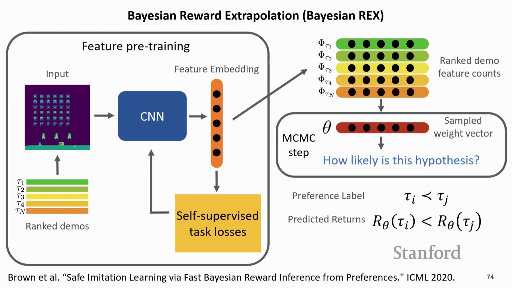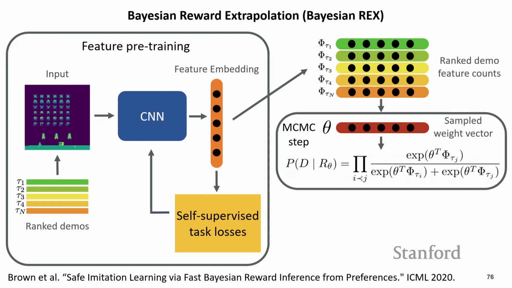If I have a theta vector, how likely is it that you were operating on this reward function? Well, if you were, then you probably would have had a higher reward for the better ranked trajectory. And I can quickly calculate how well this theta vector matches up with your preferences just via these dot products. The only thing I need to vary is theta, because I've pre-computed everything else. So this makes it nice.